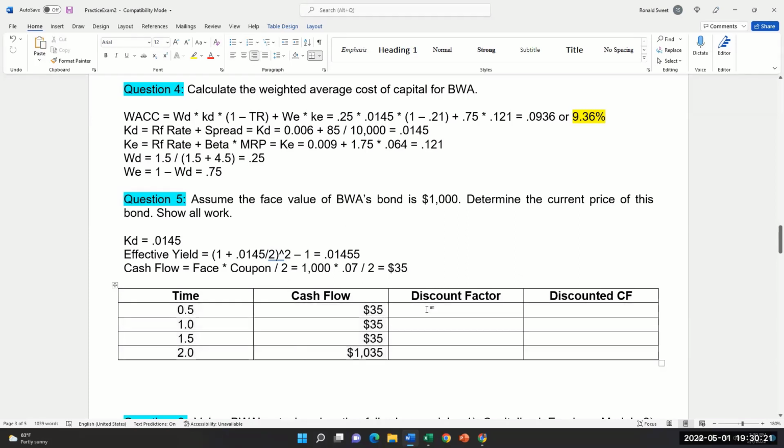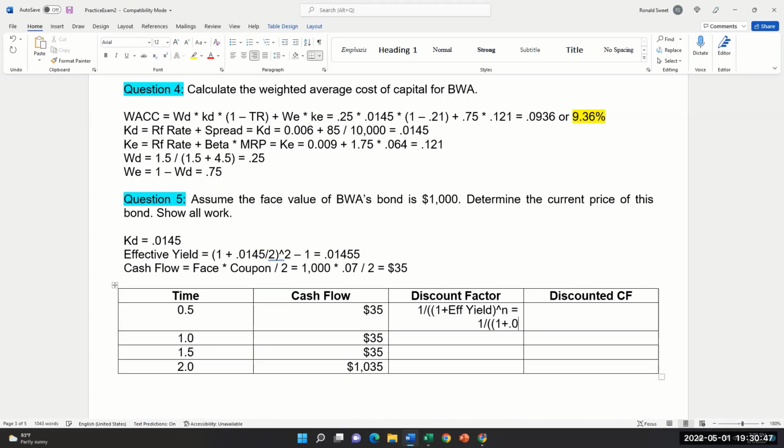Your discount factor is going to be 1 divided by 1 plus the effective yield raised to the time, which equals 1 divided by 1 plus 0.01455 raised to the 0.5.